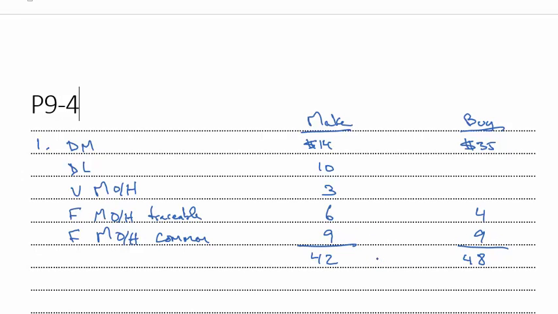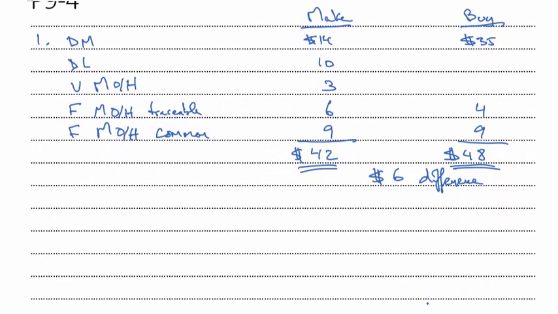At the end of the day, it doesn't matter. It would still end up being a $6 difference, in favor of making. So make would be the answer to the question here.